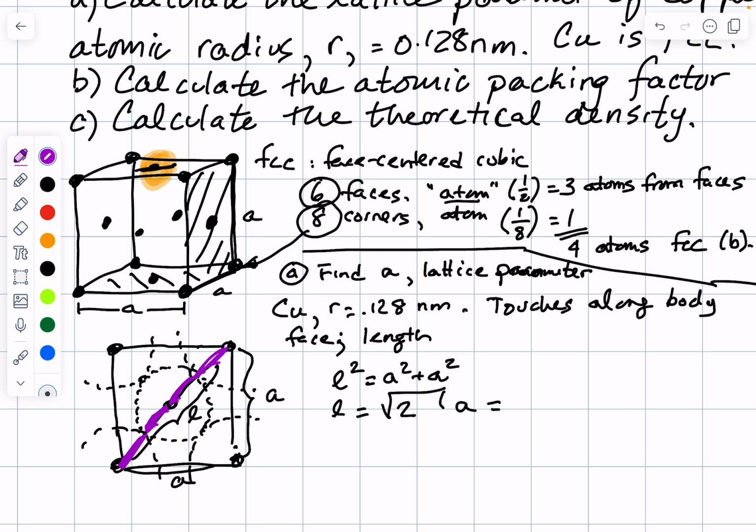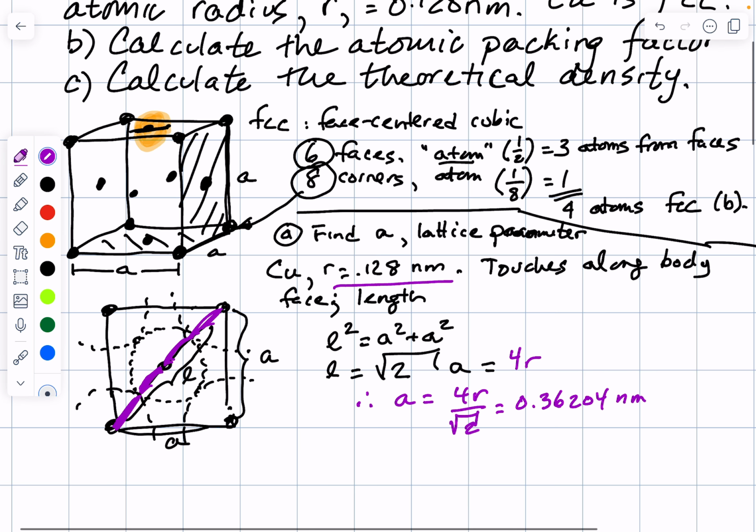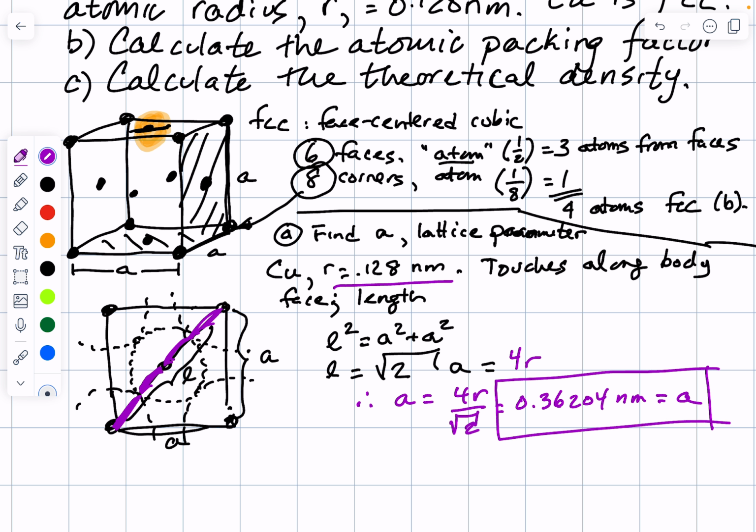So this L is equal to 4R, and therefore A is equal to 4R over the square root of 2. If I plug in that R of 0.128, we get 0.36204 nanometers. So that is the answer to A. Part A asks for the lattice parameter A, and the answer is 0.36204 nanometers.